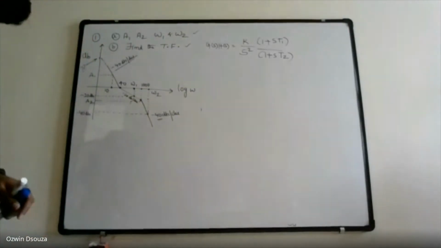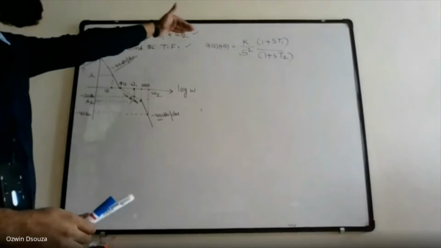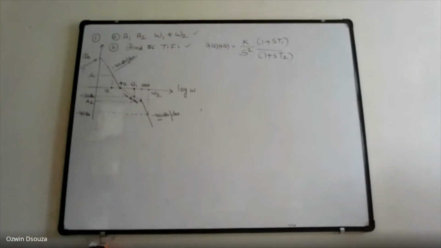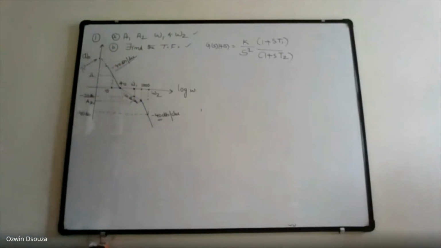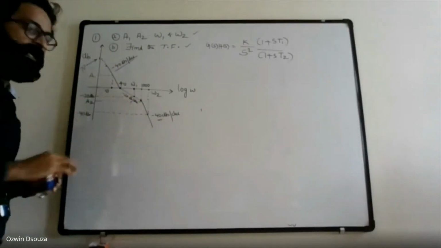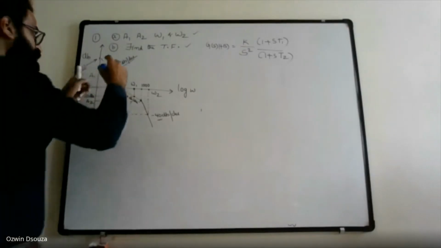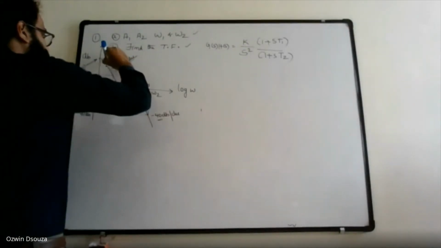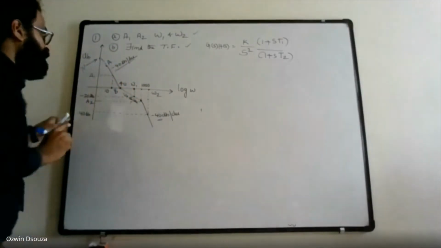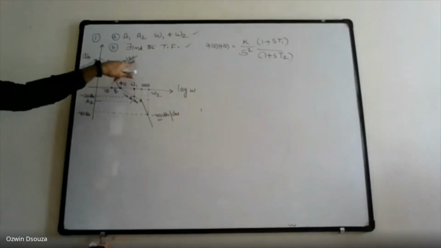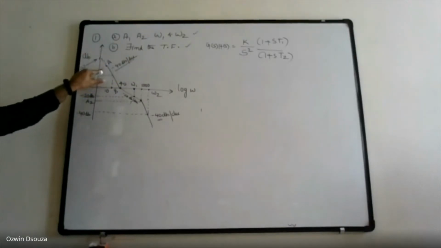Now, in order to determine A1, A2, omega 1, omega 2, what we can do is let us split this Bode diagram into different lines. So I have one straight line here. Let me call this line AB. So the slope of minus 40 decibel per decade is represented with line AB.